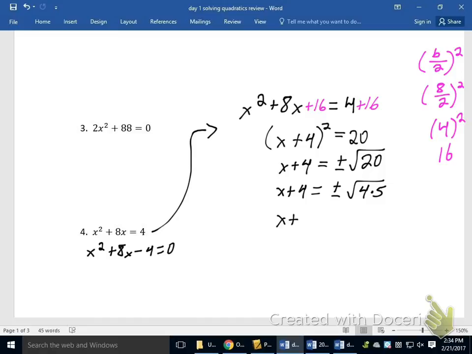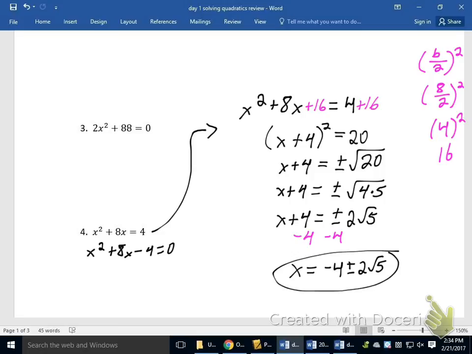So this is going to be 2 root 5. I should say plus or minus 2 root 5. My last step is to subtract the 4 from both sides. And now my answers will be negative 4 plus or minus 2 root 5. So one of my answers is negative 4 plus 2 root 5. My other answer is negative 4 minus 2 root 5. And those are my two real irrational answers.